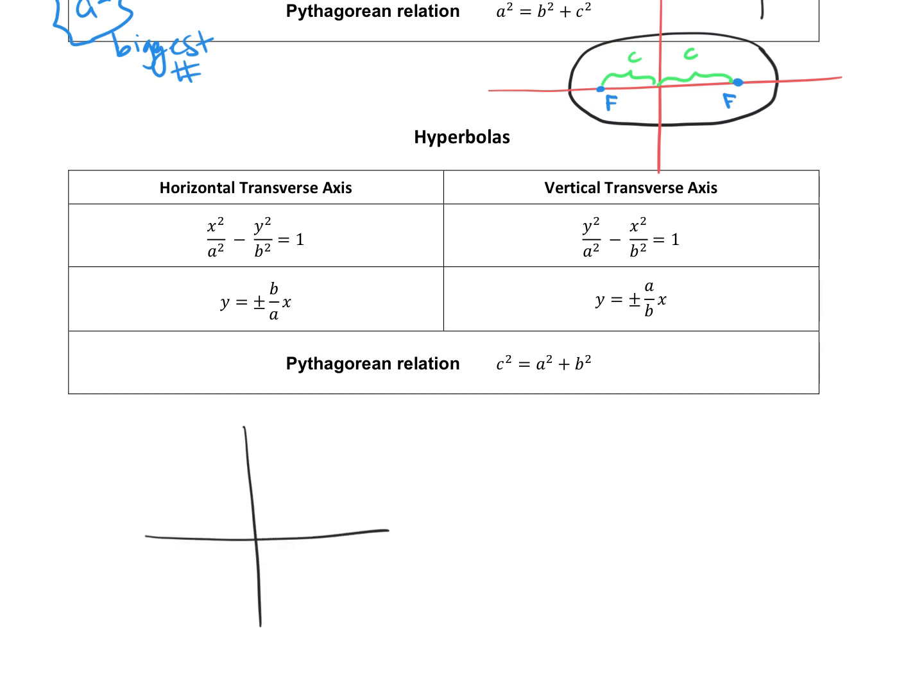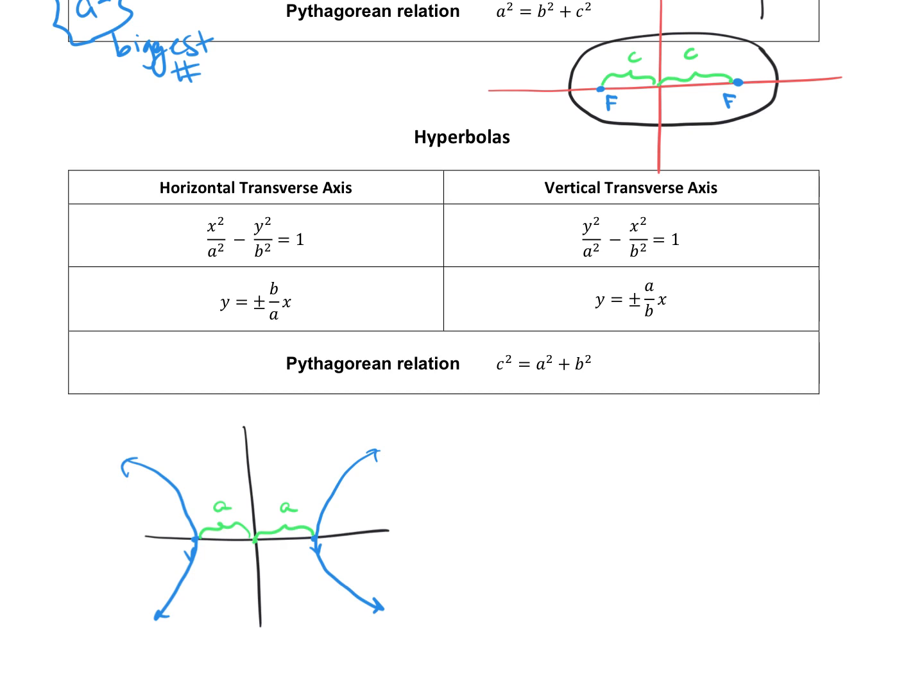What a horizontal one will look like, it would mean that your vertex is on the horizontal axis and it will open horizontally like this. Now, your A value is the distance from the center to the vertex. That's what our A value is.